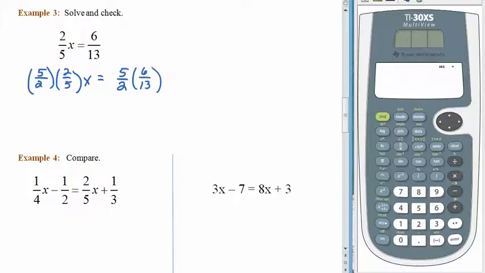And you see how nicely this works out. 5 over 5 is 1, 2 over 2 is 1. I have 1x left all by itself. On the right-hand side, we look for some common factors. 2 goes into 2 one time, 2 goes into 6 3 times, and so we are left with 5 times 3, which is 15 in the numerator, and 1 times 13, which is 13 in the denominator. And of course, we'd rewrite this as 1 and 2/13.